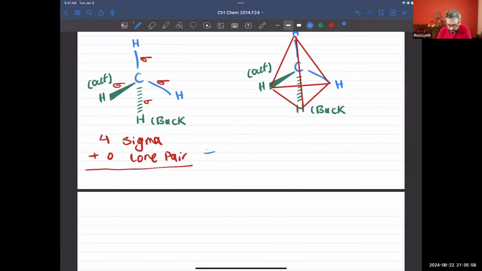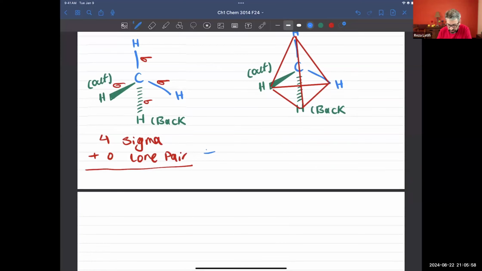Okay, so I have 4 pairs, or 4 sigma bonds, which means I have 8 electrons. I need 4 orbitals to accommodate them. Always start with this: 1 from S, 3 from P, and 5 from D. Keep using those orbitals until you accommodate 8. You can put 2 electrons in each orbital.